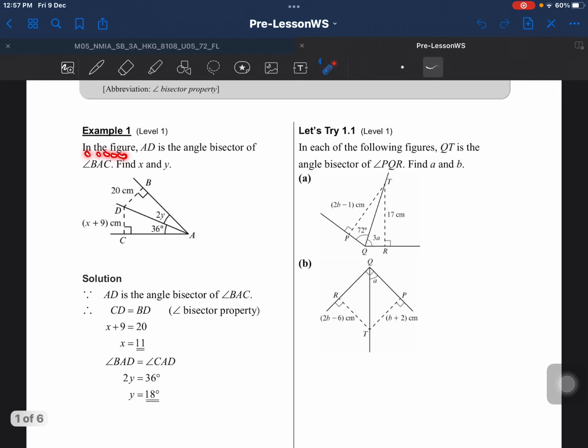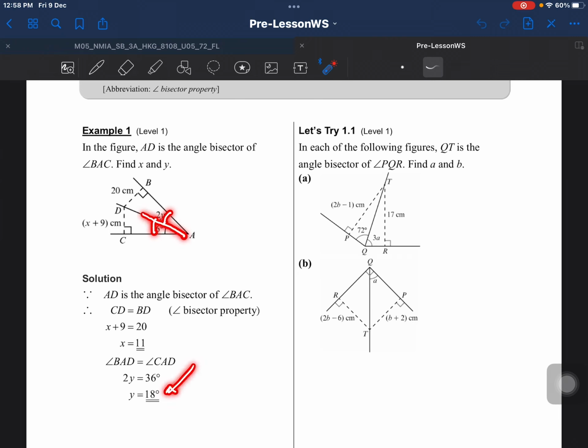Now in the figure, if AD is the angle bisector of the angle BAC, then try to find X and Y, right? Just making use of the properties, these two distances should be the same, all right? So if they are the same, then it is quite easy for you to find X. And also, because AD is the angle bisector, these two angles are also the same.